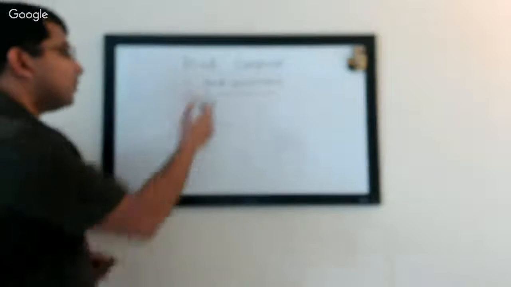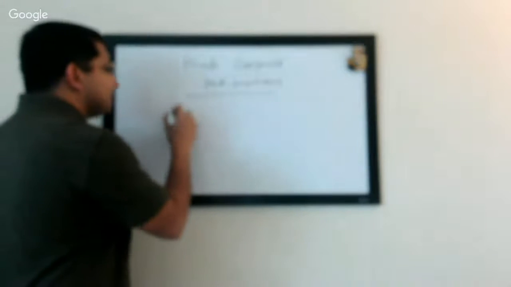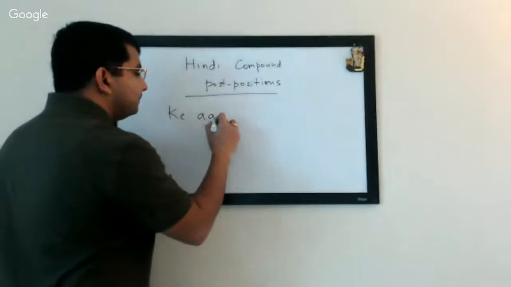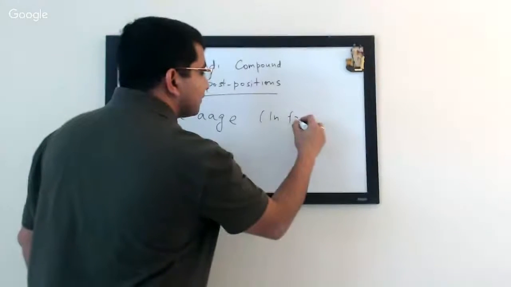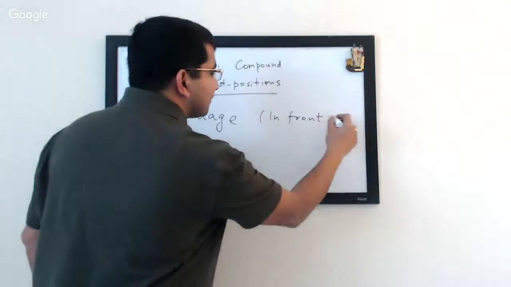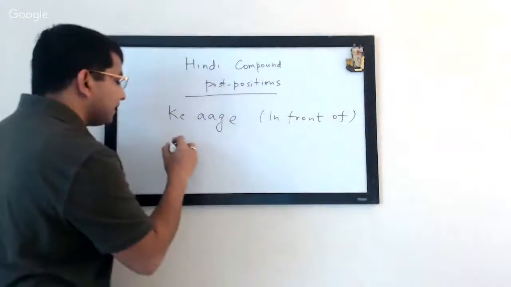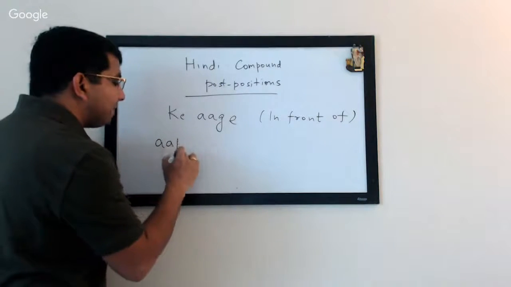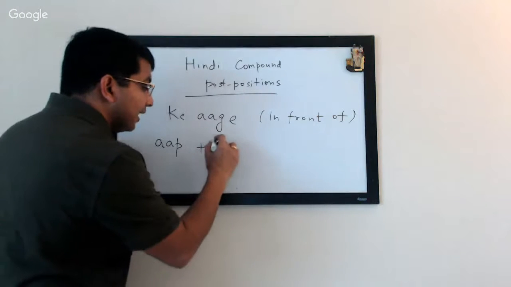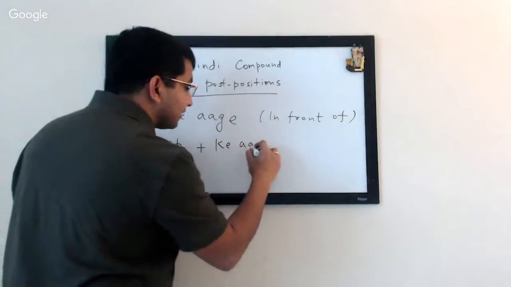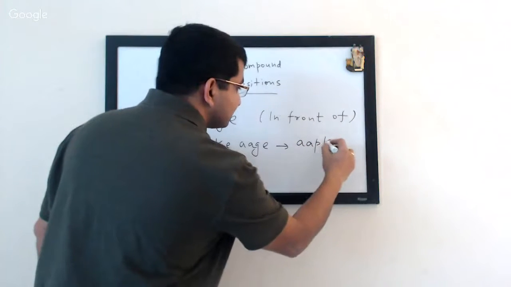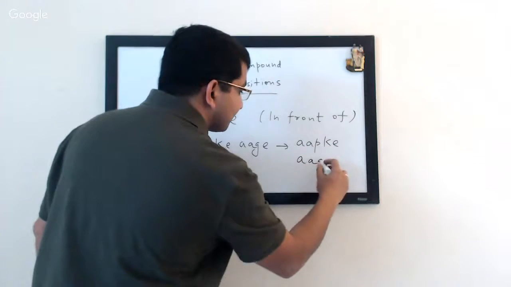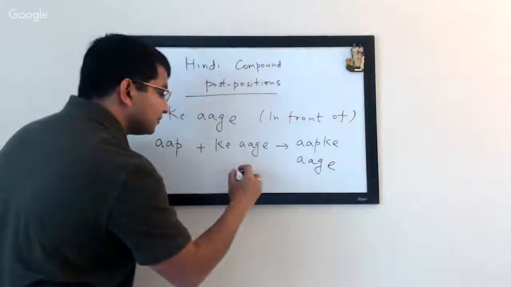So an example of a compound post position is ke aage. Ke aage is in front of. So when we add aap, which is you, and you add ke aage, it's aapke aage, which is in front of you.